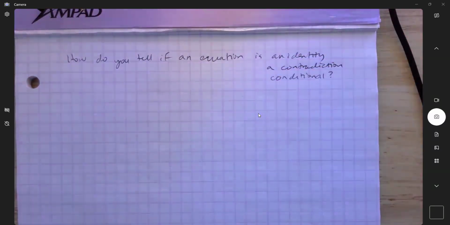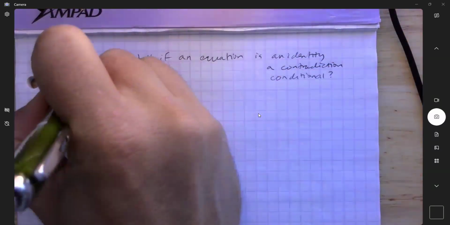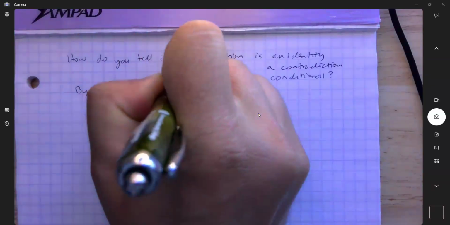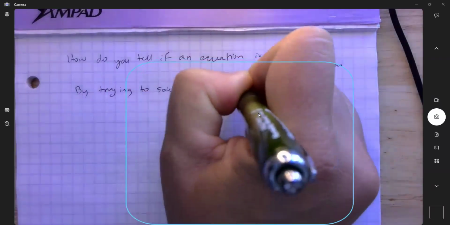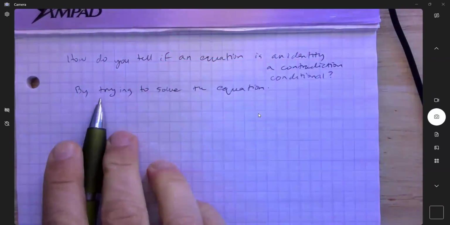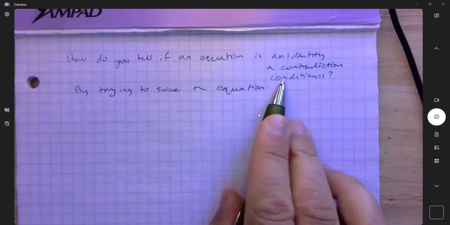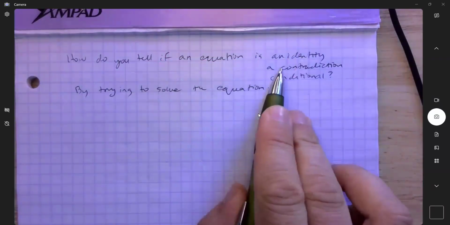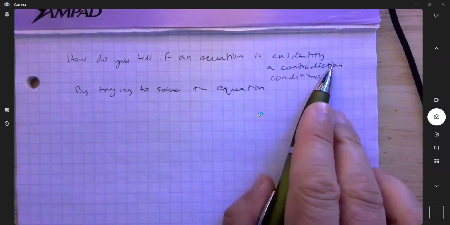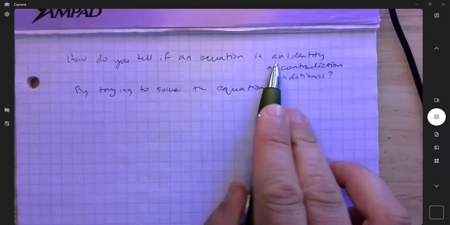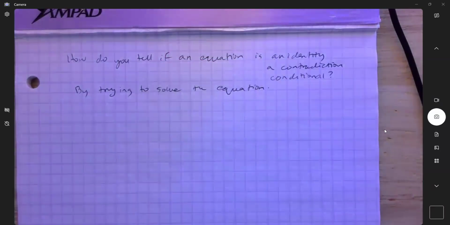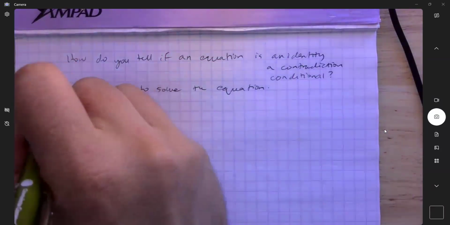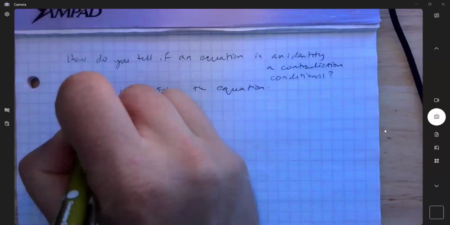And the way you do it is basically by trying to solve the equation. If you can solve the equation for only a certain number of values, it's conditional. If you try to solve it and you get something that makes no sense mathematically, it's a contradiction. And if you get something where it looks like, well, that's going to be true no matter what the value of my variable is, it'll be an identity. So I'm going to show you an example.